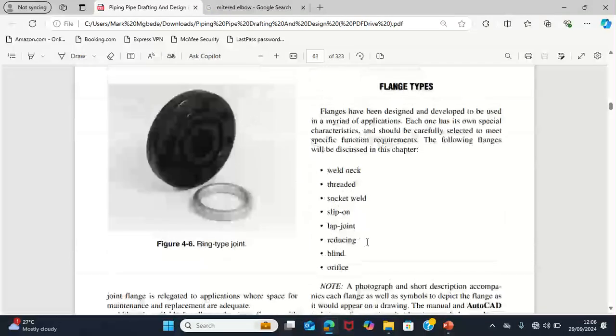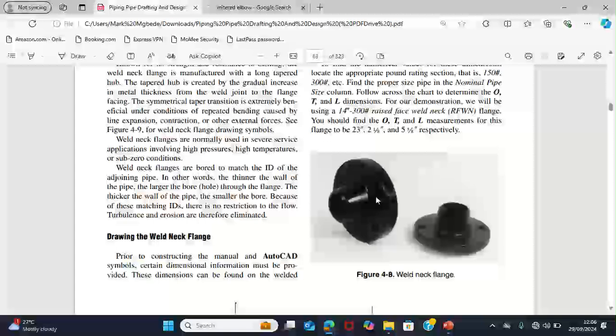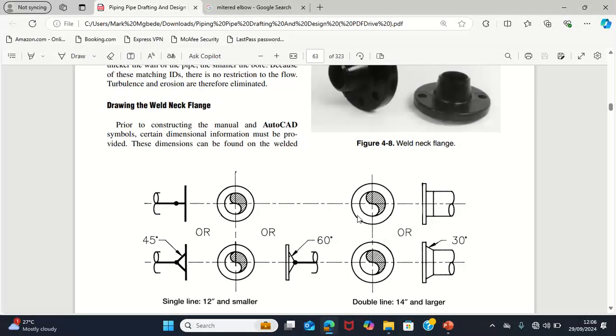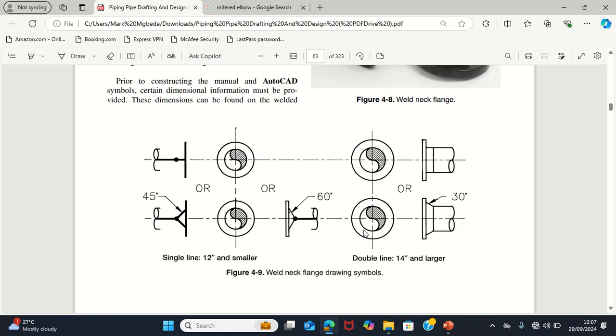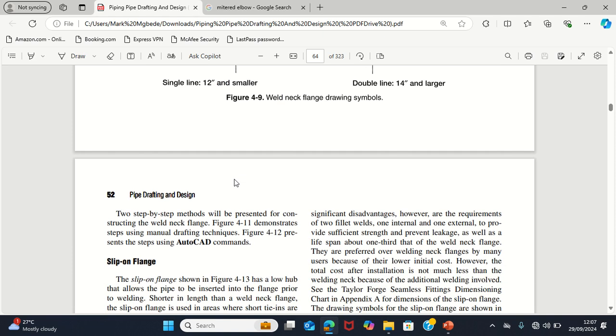It has that groove, so you don't need to bevel the edge again. You just need to bring the pipe, if already beveled, and then just weld. That is the frequent kind of flange used in the process industry.